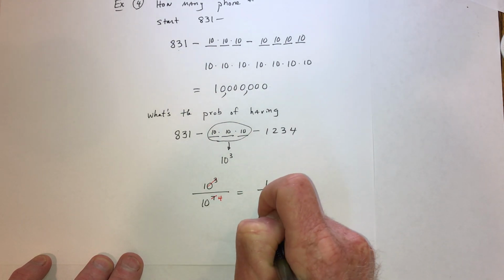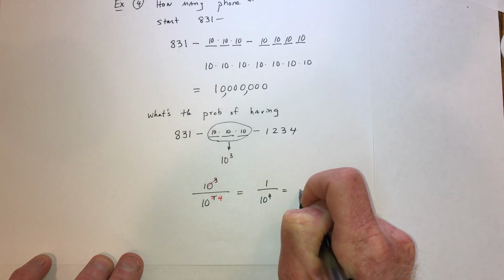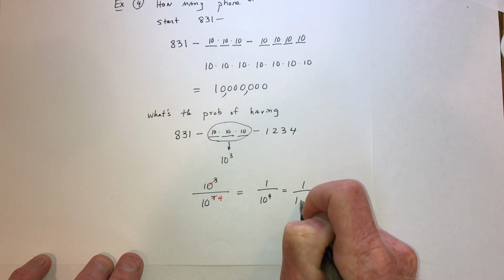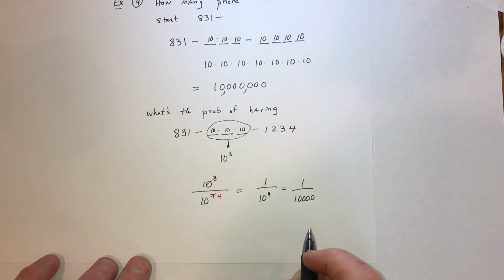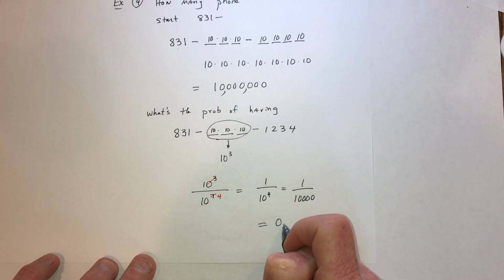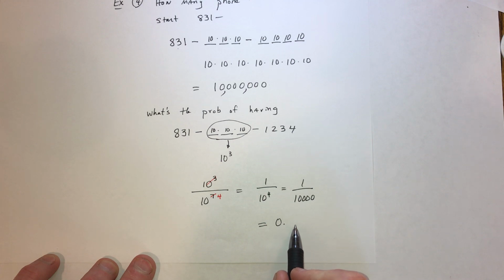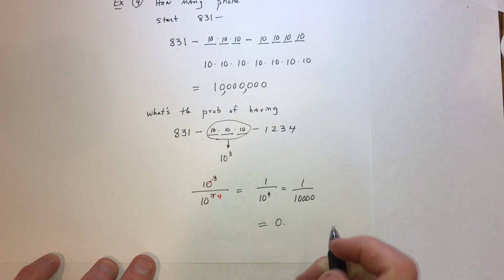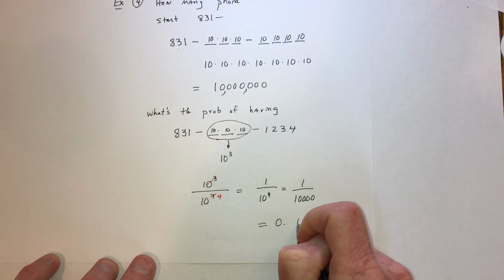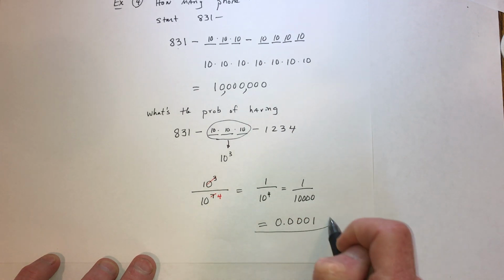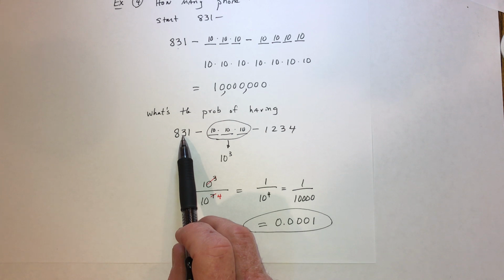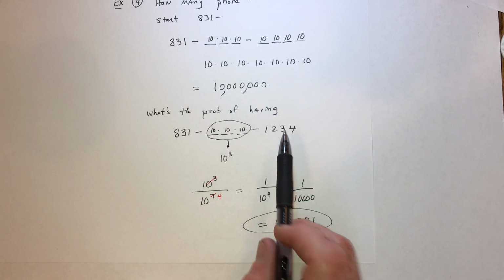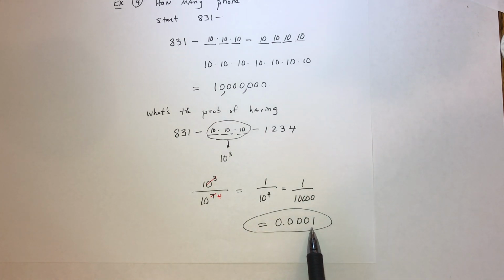So that would be 1 over 10 to the 4th, which also means 1 over 10,000. Or in other words, this would be the tenths, hundreds, thousands, 10,000ths. So there would be a very small chance that somebody has an 831 area code and it ends with 1, 2, 3, 4. There is a chance, but it's a very small chance.